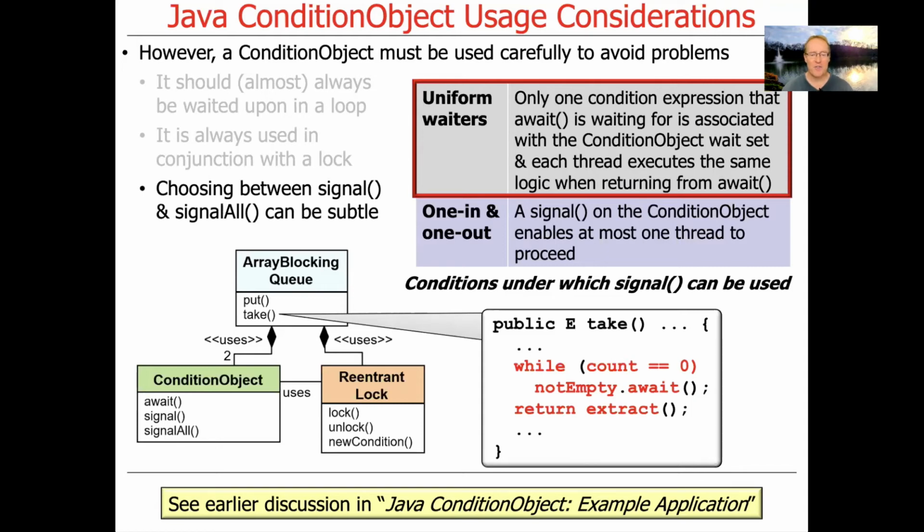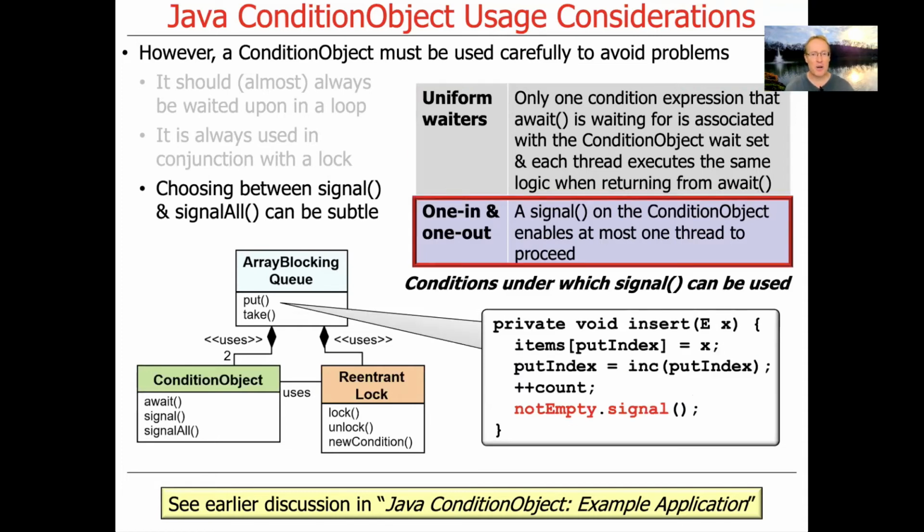So you can see here, if you're a consumer thread and you want to take something out of the array blocking queue, all consumer threads are all waiting on exactly the same condition, which is while count equals 0, await. There's not a different condition that they're waiting on. They're all waiting on the same condition with the same shared mutable state.